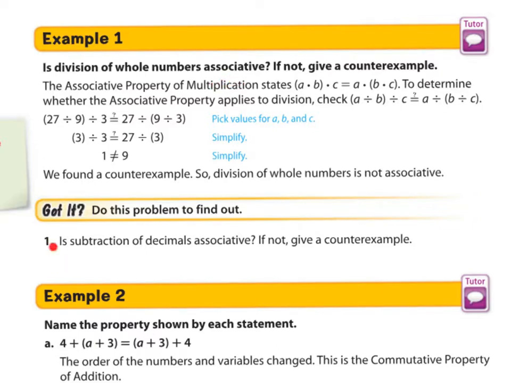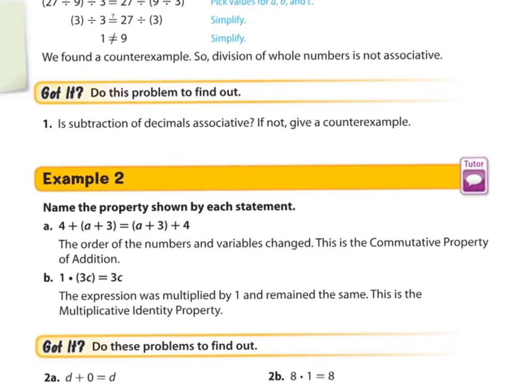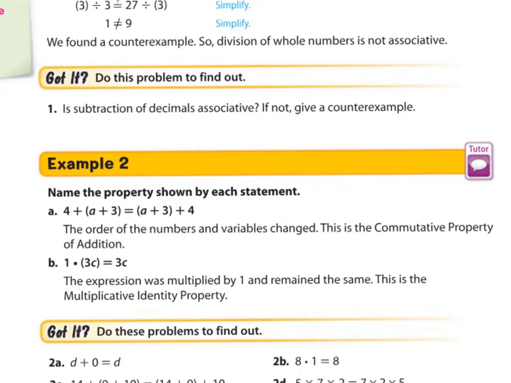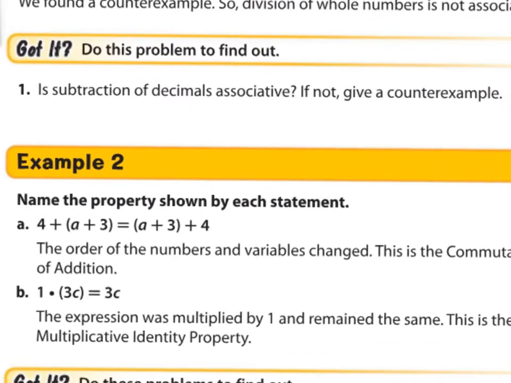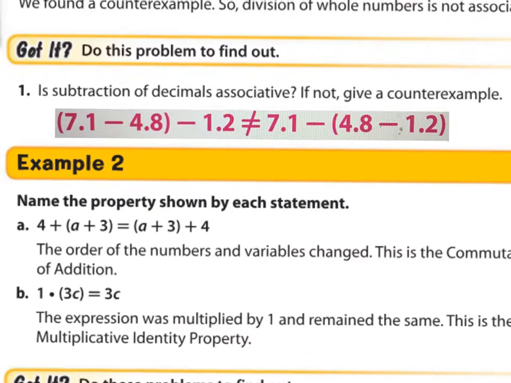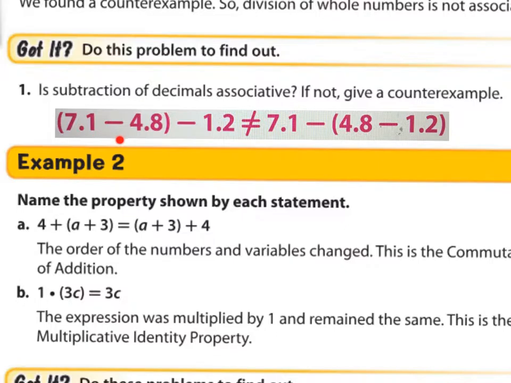Let's try it. Is subtraction of decimals associative? If not, give a counterexample. Okay, can we subtract decimals? So for example, I can have 7.1 minus 4.8 minus 1.2. And let's say I group these two first. When I do that, I'm going to have 2.3 in the parentheses, minus 1.2.